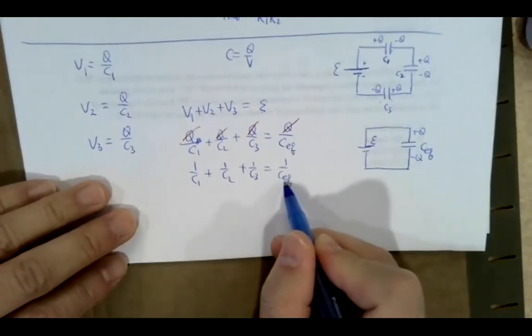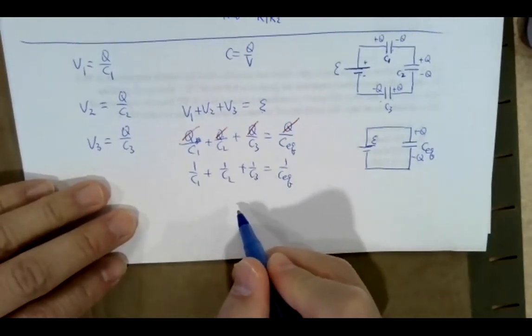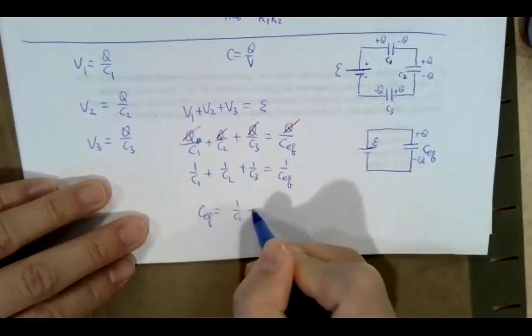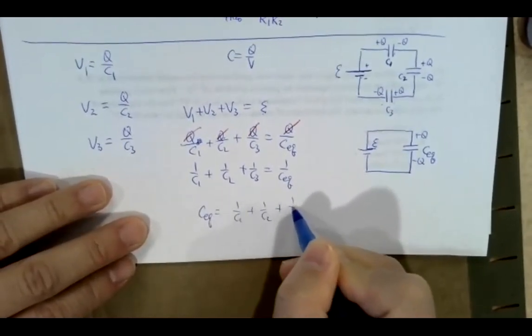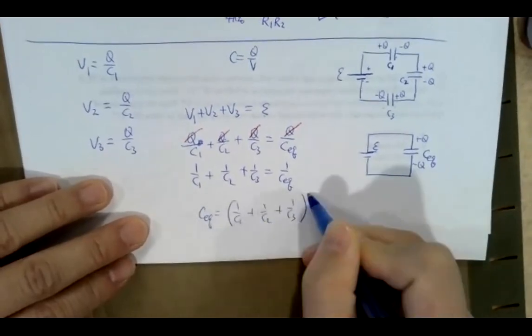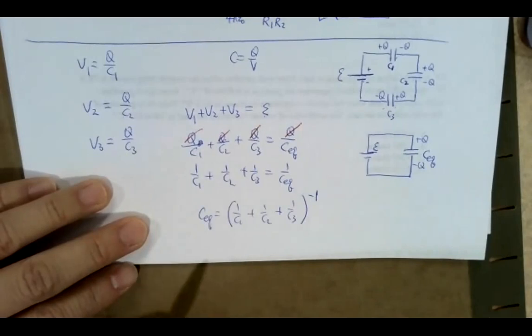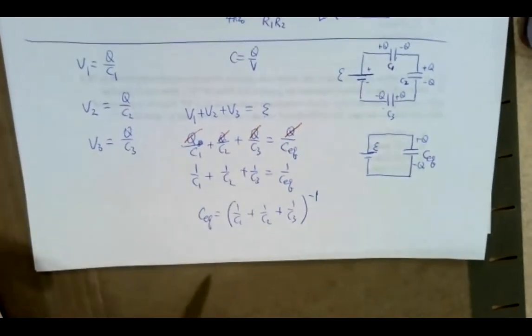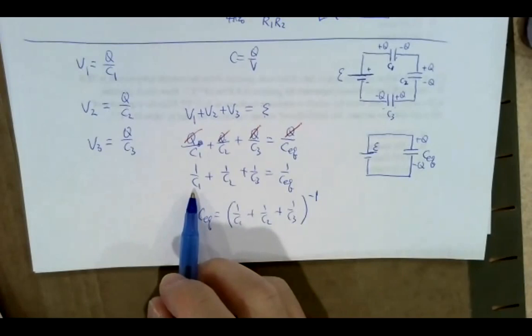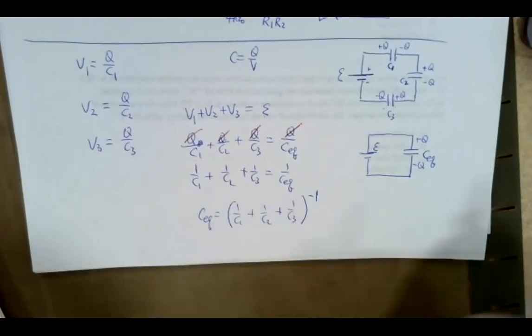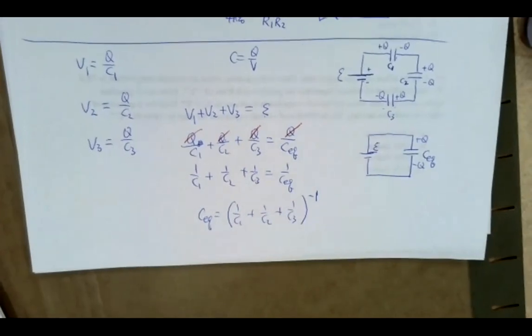Note this is the inverse of C equivalent. So C equivalent should be equal to 1 over C1 plus 1 over C2 plus 1 over C3, and then take the inverse. If you have to calculate C equivalent, you do it that way: take the inverse of each capacitance, add them, and then take the inverse again.